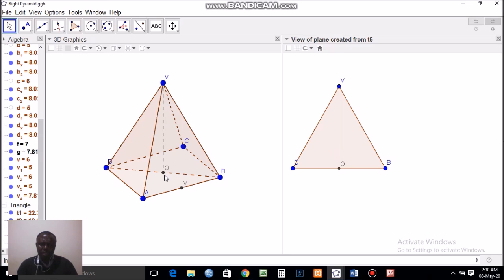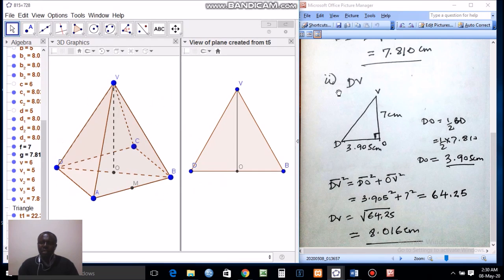We know that VO is the height of our pyramid, so it is 7, and also DB is 7.810, having been calculated in part A Roman 1. And so the stage is set, and we do further analysis, and we extract another triangle from this isosceles triangle. We bring out triangle VOD.